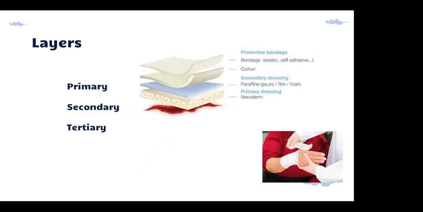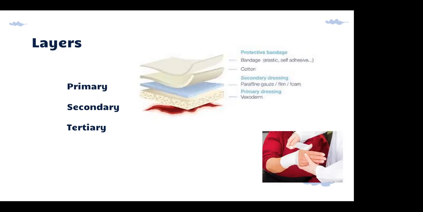So when you are doing a dressing, you should have this idea. The primary dressing, secondary dressing and tertiary dressing, there are layers of dressings. You don't just put a dressing; when you are putting it, you should know that what touches the wound bed is the primary dressing.